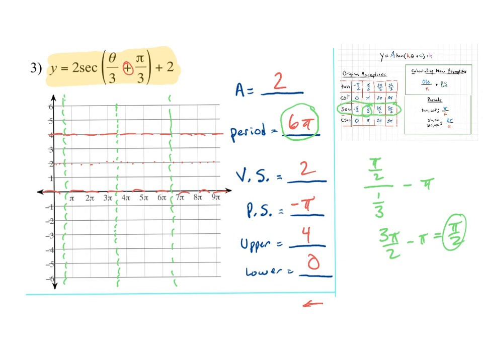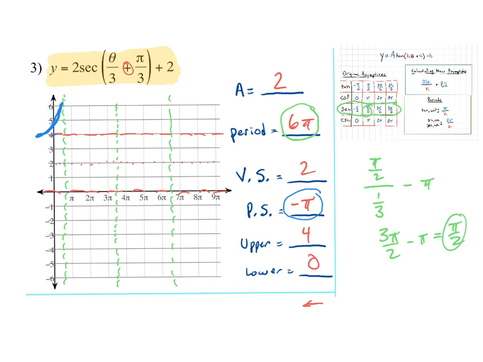Because we are doing a phase shift of negative pi, my vertex point for that first branch on top is going to be shifted over. Normally, because cosine starts high on the x-axis, that vertex would be here at 4. But we are shifting over a pi, so it's over a square. So that thing's actually going to be here, and this curve is going to go like that. So I don't see much of that top branch at all.